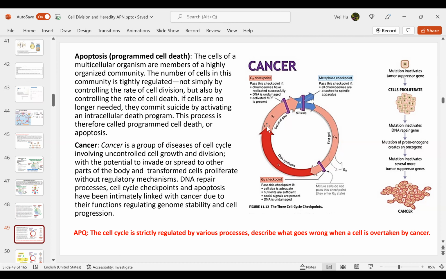So if you grow normally, your cells have a lot of tumor suppressing genes that will stop you from growing.